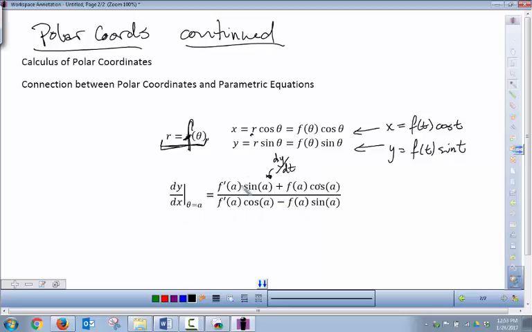And then you evaluate it at whatever a value is. And the denominator is dx dt, or dx d theta, evaluated at a.